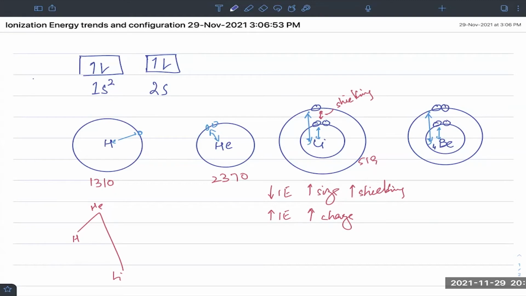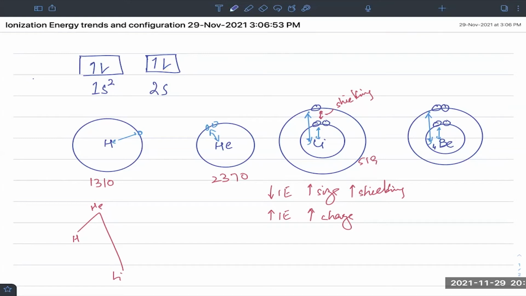But it's not that significant a factor most of the time. Ionization energy is about removing the last electron, right? So if you look over here, this electron is what we're talking about, and it's being repelled by the other electron in the same orbital. We want to remove it, and the other electron also wants it removed. Yeah, so they're working in sync.